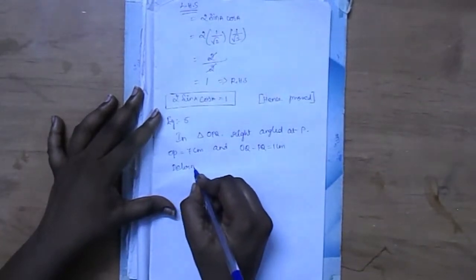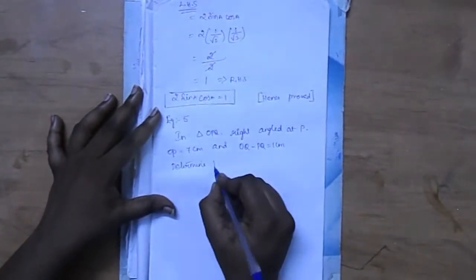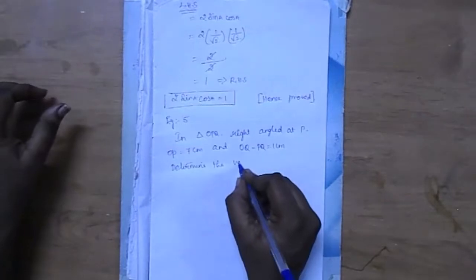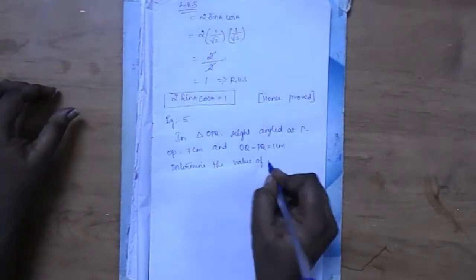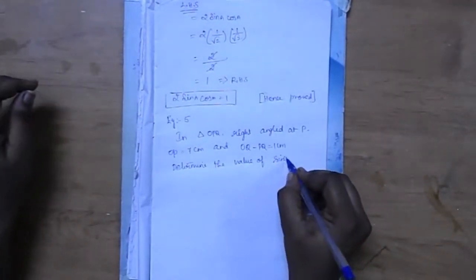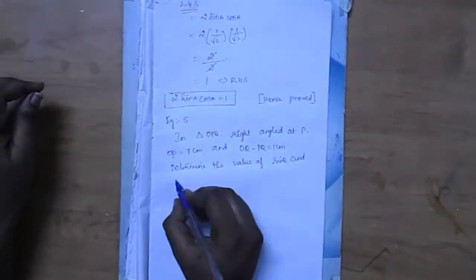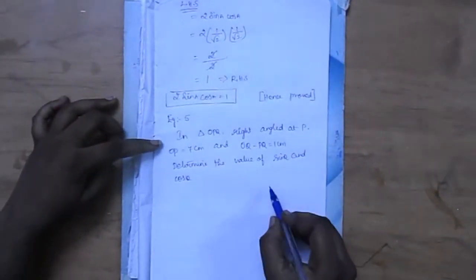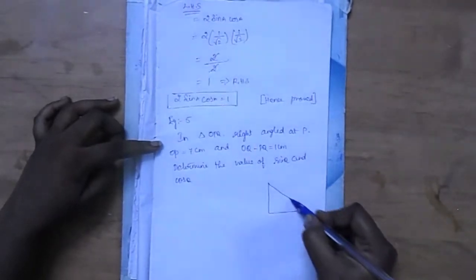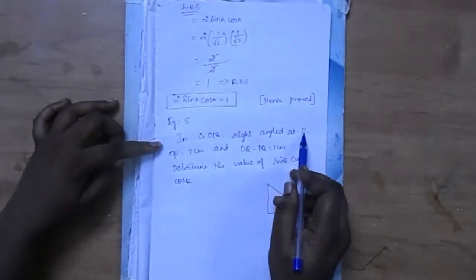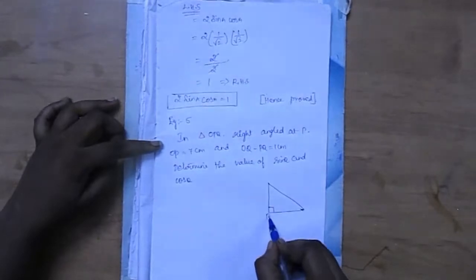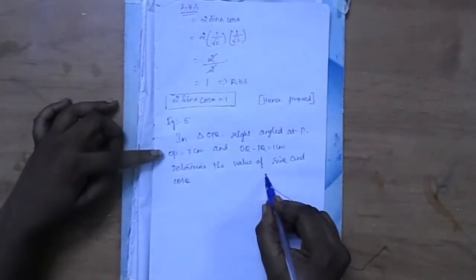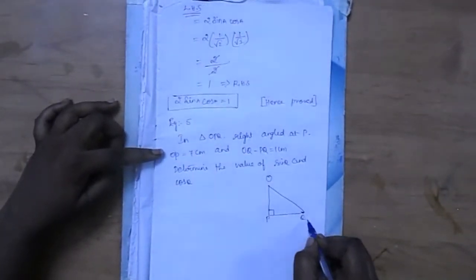Determine the value of sin Q and cos Q. So, take triangle OPQ. Draw a right angle triangle. It is right angle at P. So, at point P it is right angle. Therefore, this is O, P and Q.